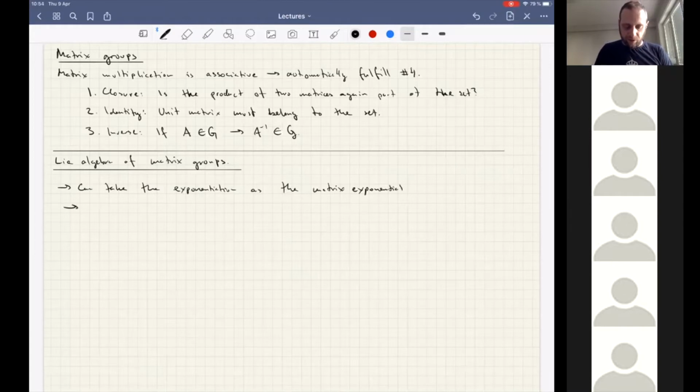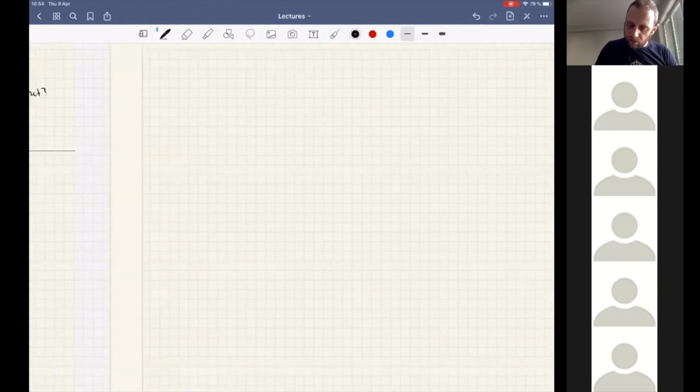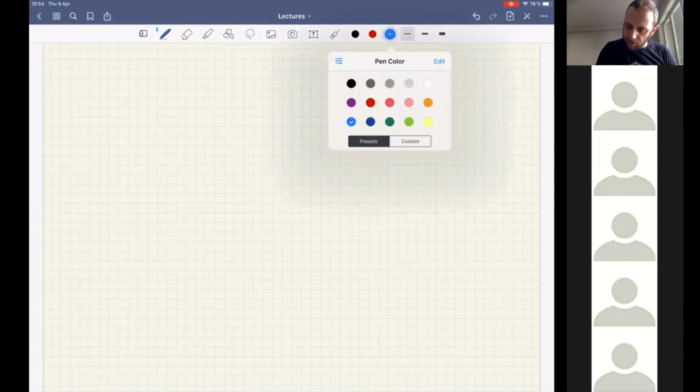And this will lead to this commutator J1, J2 actually being the matrix commutator. Also, the elements of the Lie algebra will be matrices. They will be a different set of matrices, but they will be matrices. And they will be considered a vector space instead of a group. So just before the break, to take a few examples of this.